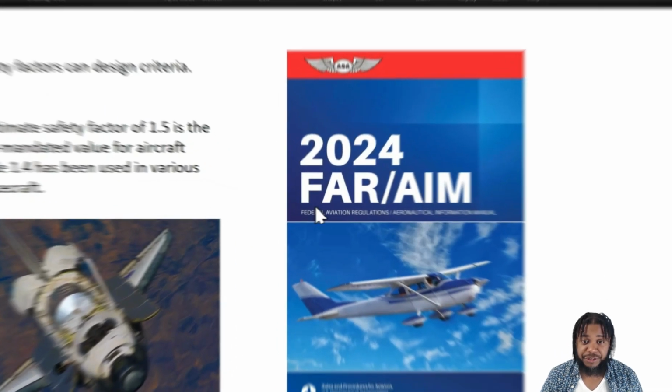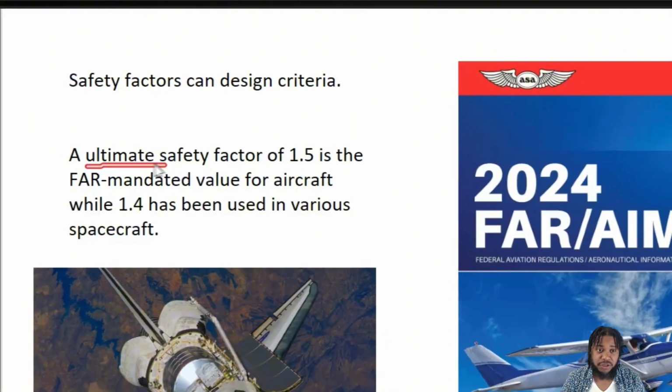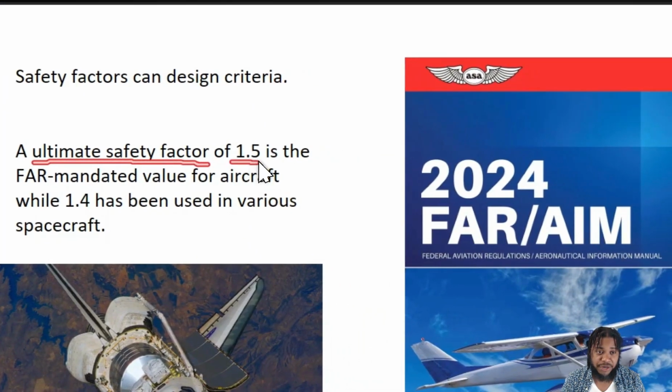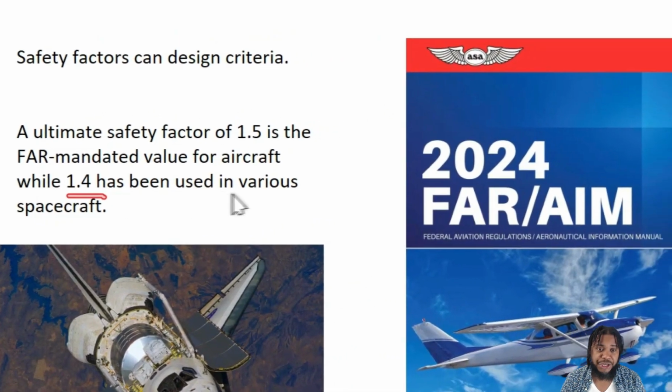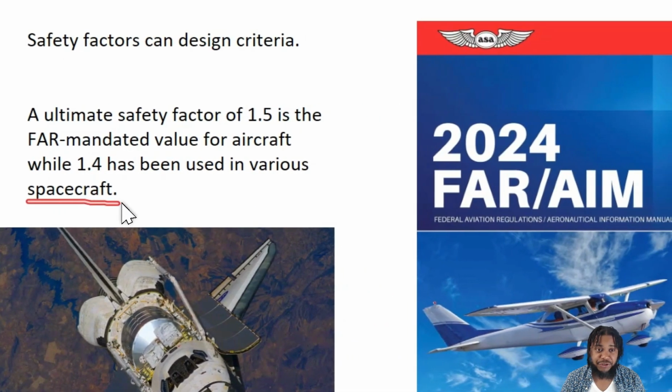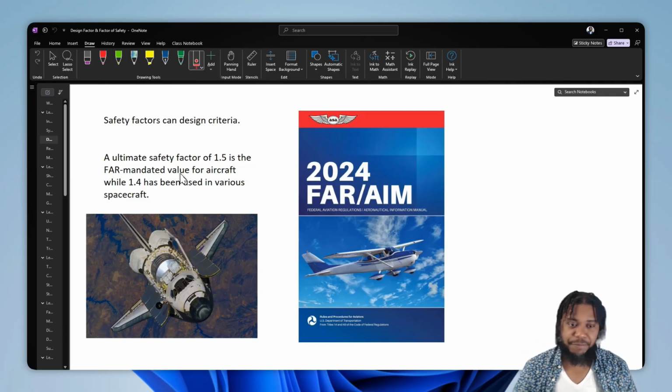For example, the FAR, Federal Aviation Regulations, requires that the ultimate safety factor is 1.5 for an aircraft, while 1.4 is used in various spacecraft. Now, the ultimate safety factor includes all forms of safety, from whether it's crack growth or temperature.